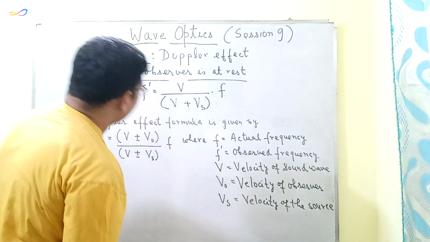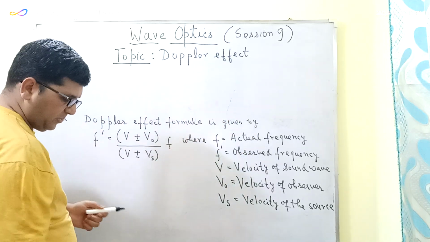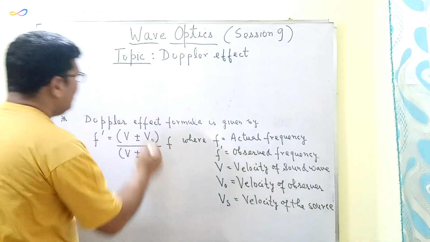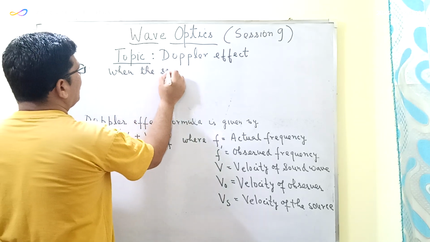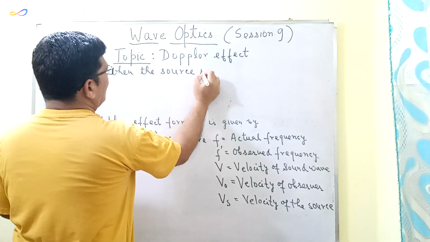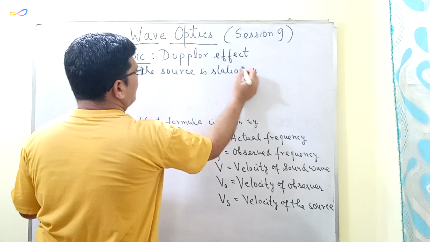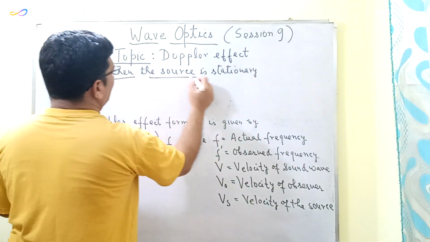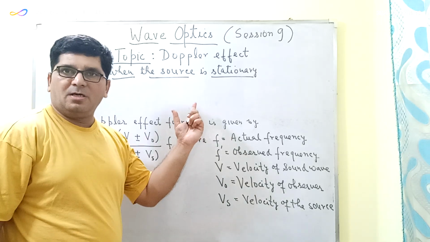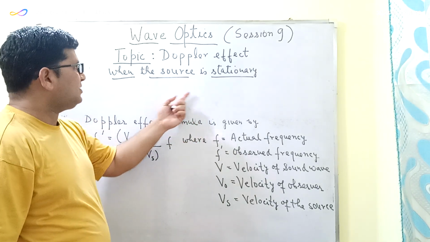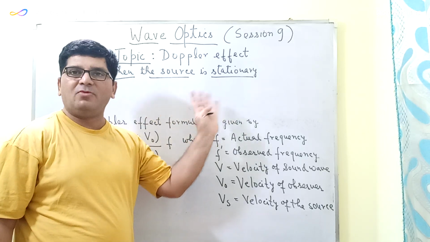Now let us take another case, when the source is stationary. So when the source is stationary, there can be two options. The first option is that the observer is moving towards the source, or the observer can move away from the source.